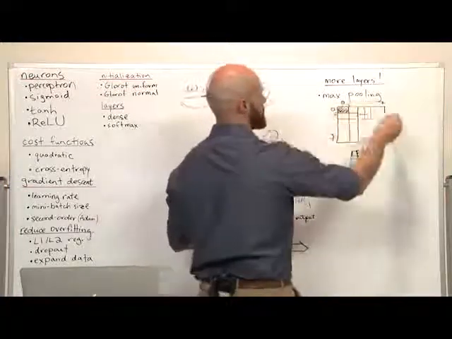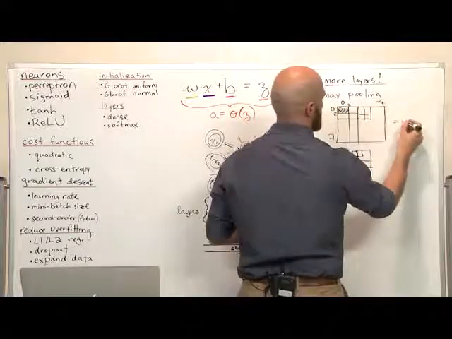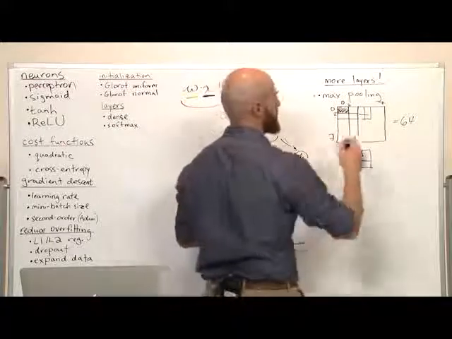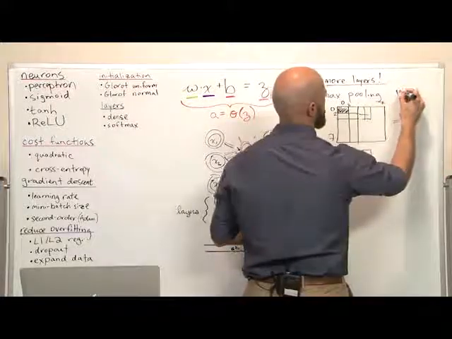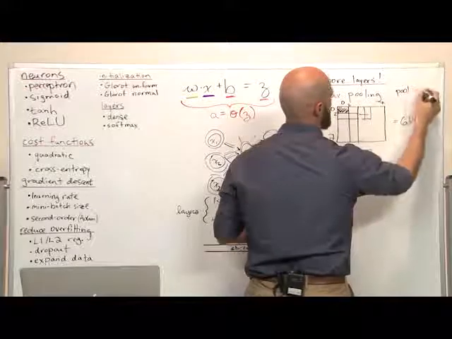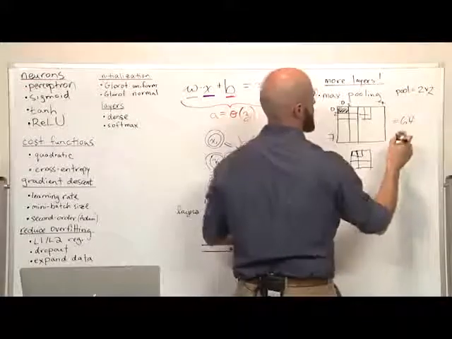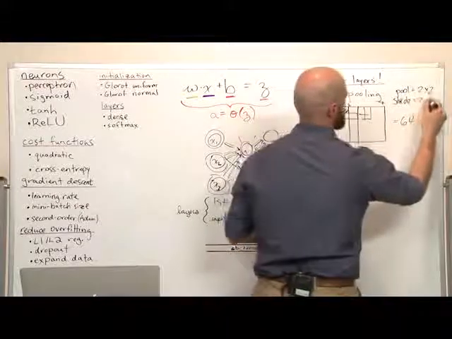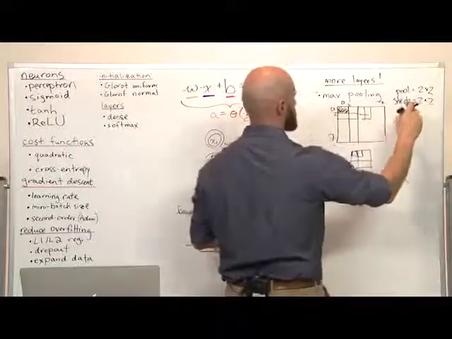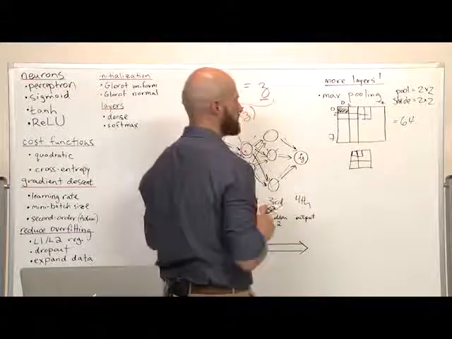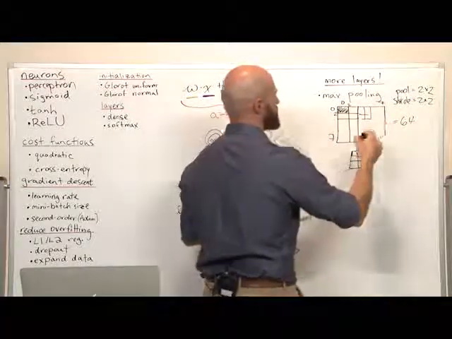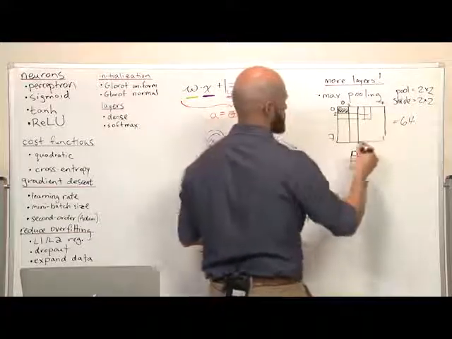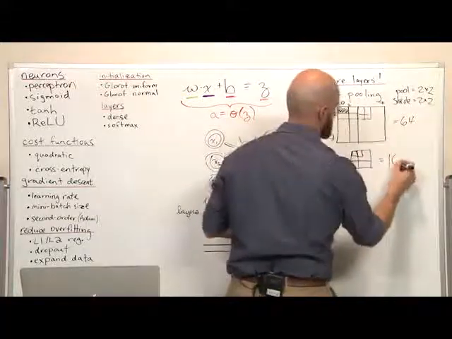So this 8 by 8 image had 64 pixels, and by doing this max pooling with a pool size of 2 by 2 and a stride length of 2 by 2 as well, so 2 along the vertical as well as the horizontal axis, we reduced the size of our image from 64 to just 4 by 4, which is 16.